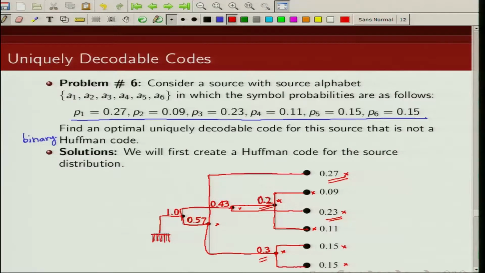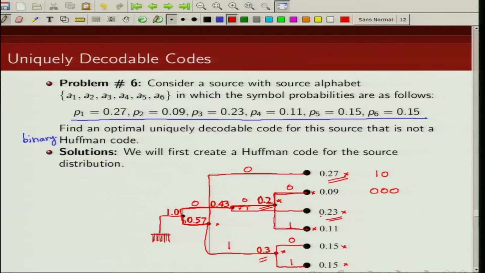So if you now assign code words, you can assign 0 1 0 1 0 1 0 1 0 1. So what you will notice is, this has code word 1 0, this is 1 0, this is 1 and then this is 0. This one has code word 0, this one 0 and then 0 and 0.